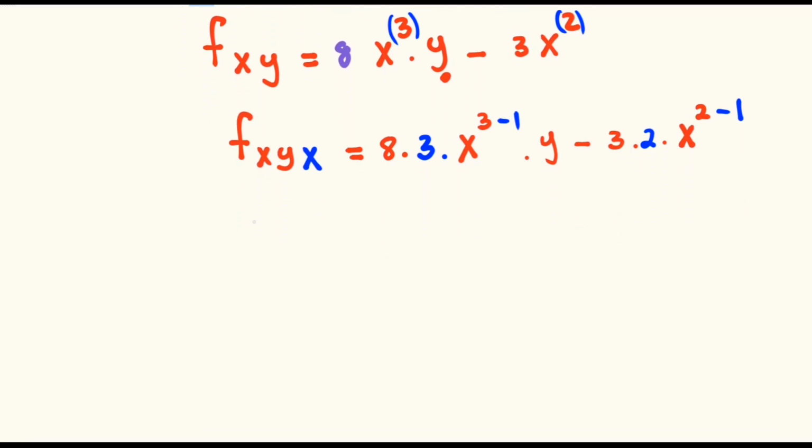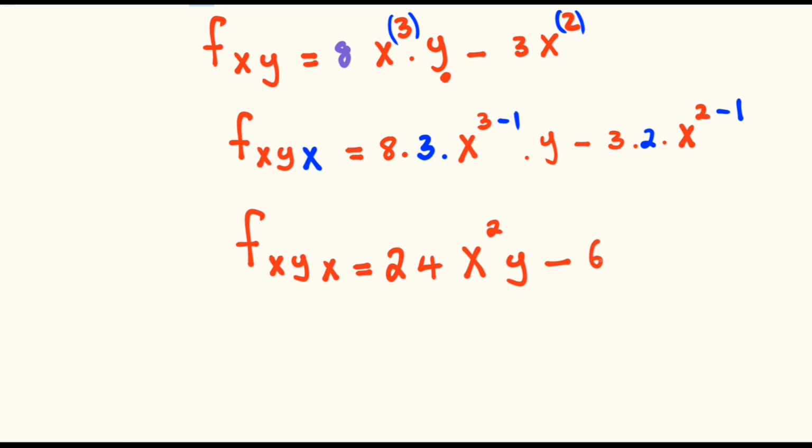So the partial derivative of f with respect to x and then with respect to y and then again with respect to x will be equal to 8 multiplied by 3, which is equal to 24, multiplied by x raised to the power 3 minus 1. 3 minus 1 is equal to 2, multiplied by y, minus the 3 multiplied by 2, which is equal to 6, and the x raised to the power 2 minus 1 will be equal to x.